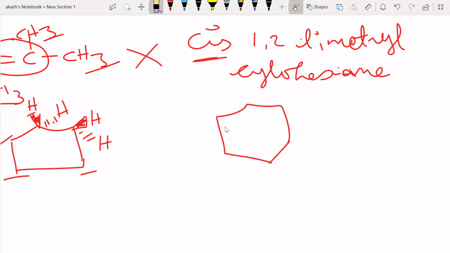If you have two choices of putting the first methyl group, either pointing away or pointing towards you, there is no restriction, right? So let me put the methyl group pointing towards us.